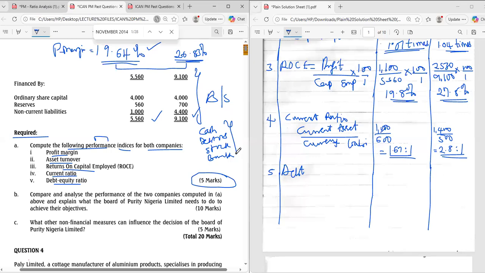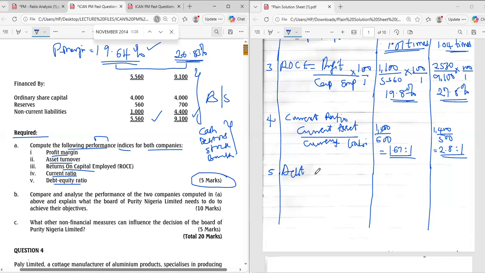Just like many people whose net worth we rate, it's not only the money they have in the bank, it's all their assets. If you add everything together, that is their current assets. Then if they pay the debt they are owing, they still have more money left to even finance the business without the debts. So that's very important. It's a very good ratio.